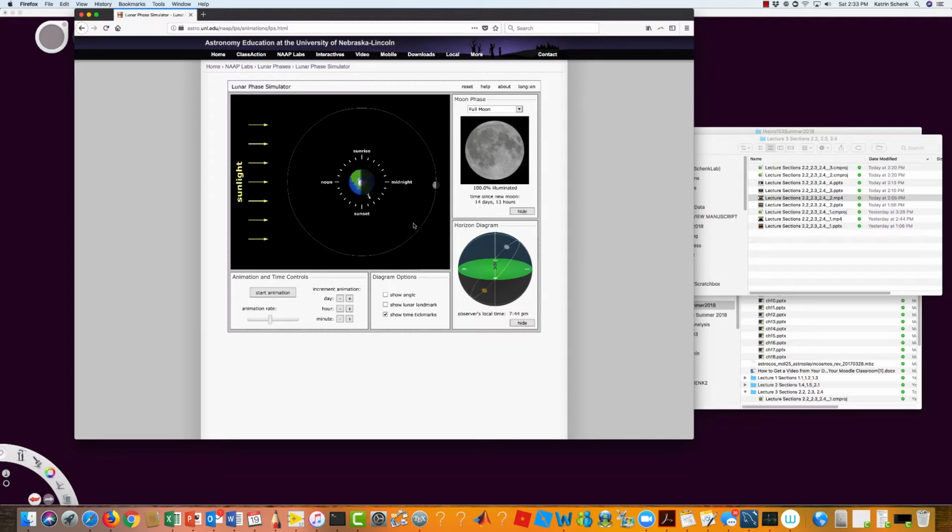And now what's going to happen is that we're going to start seeing less of this full half as we go forward in time. Here we go. Now notice there's a little bit of dark creeping in from the right. Let's get to our third quarter in a second.